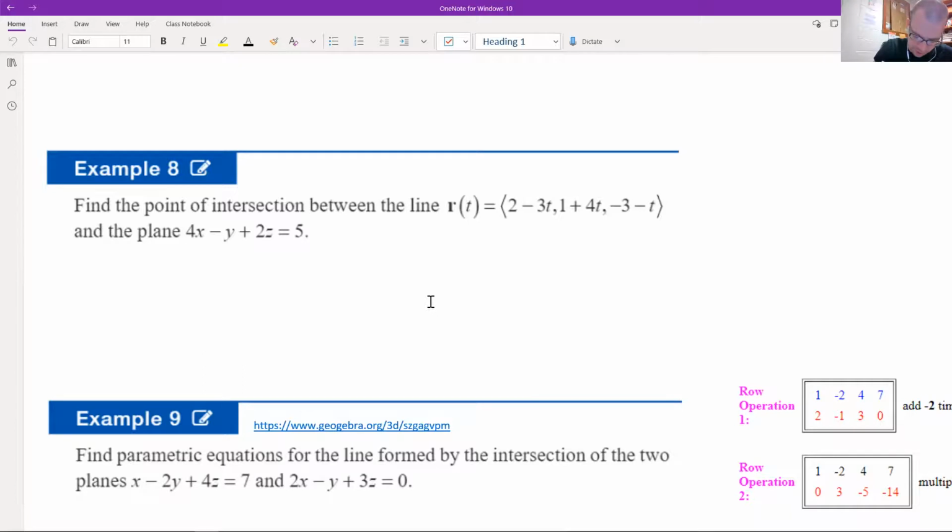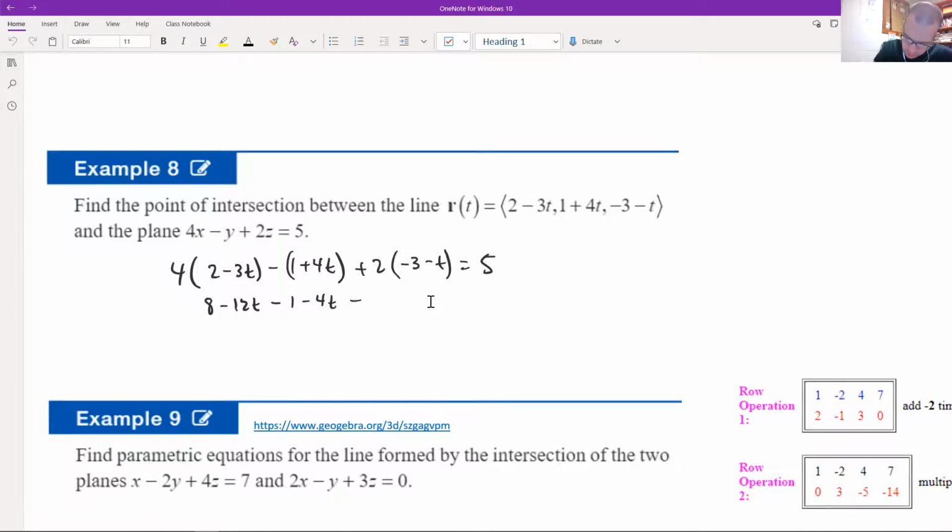So we would be solving 4 times 2 minus 3t, minus y, which is 1 plus 4t, plus 2 times minus 3 minus t, and that equals 5. And then we continue to go. So 8 minus 12t minus 1 minus 4t plus, nope, just kidding, minus 6 minus 2t equals 5.